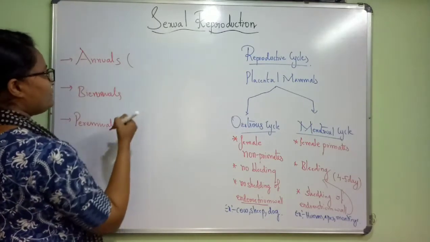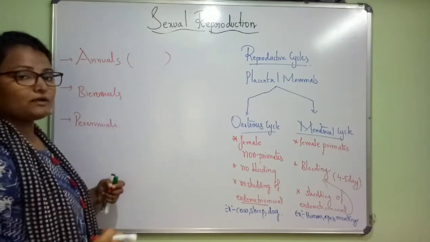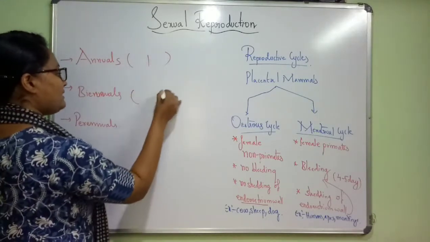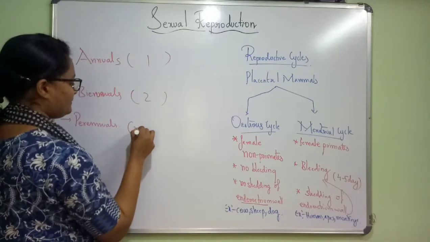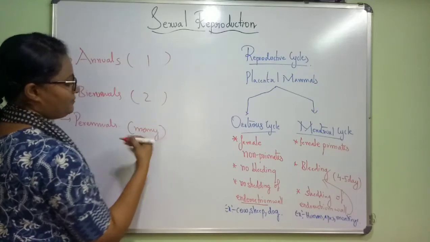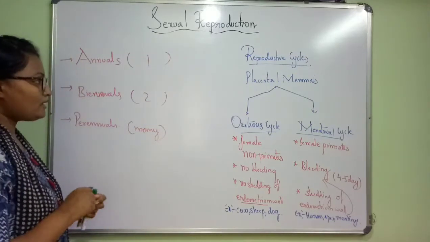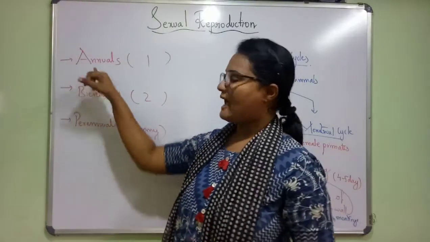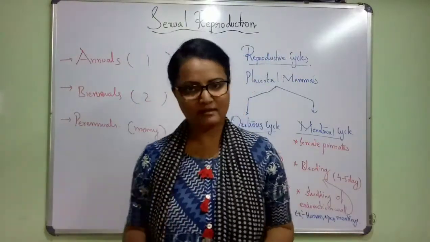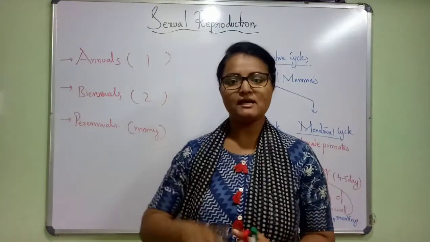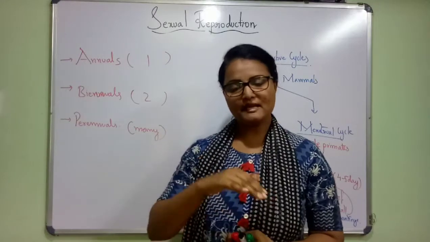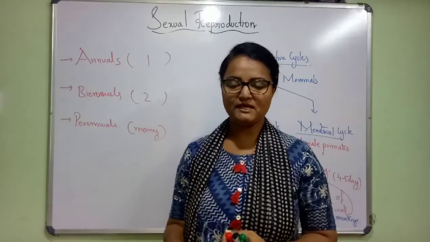Annuals grow for only a year, biennials for 2 years, and perennials for many years. Annual is represented as a year. Biennial means twice, like 2 supplementary years.